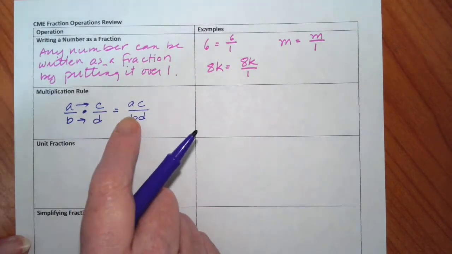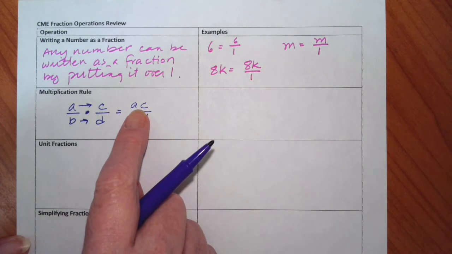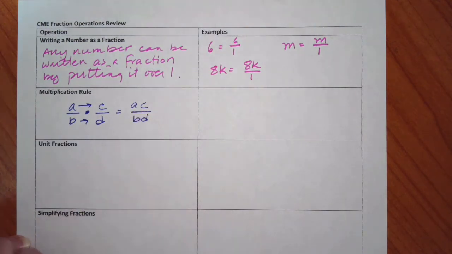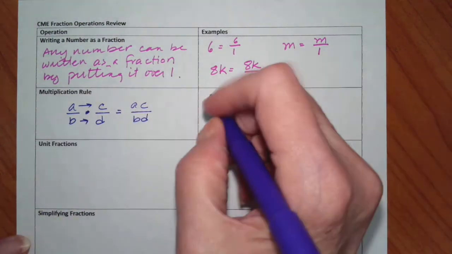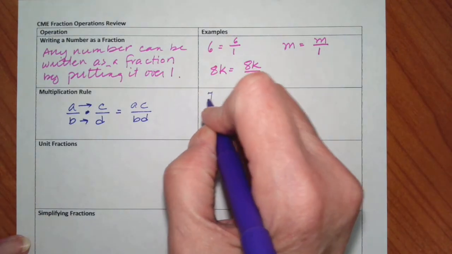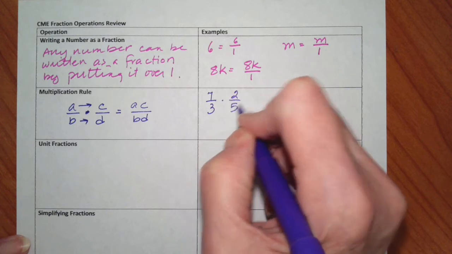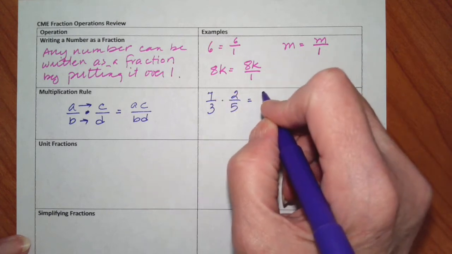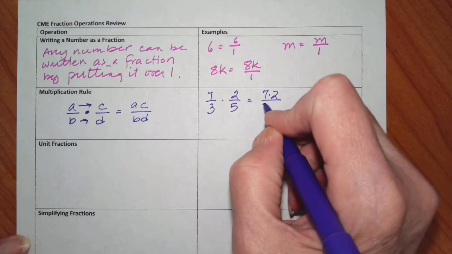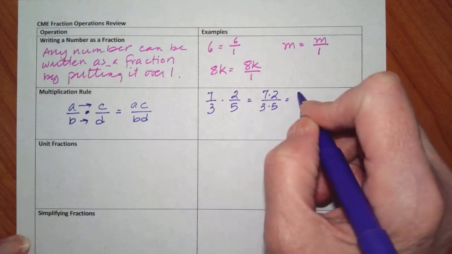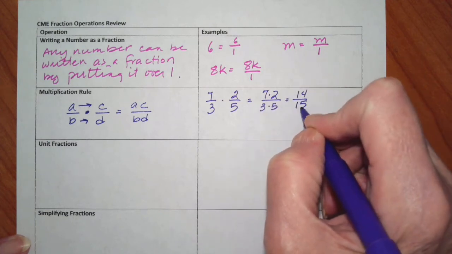And remember, if you have two things like this with no operation between them, that means multiplication. So, for example, 7 over 3 times 2 over 5 becomes 7 times 2 divided by 3 times 5, which becomes 14 divided by 15.